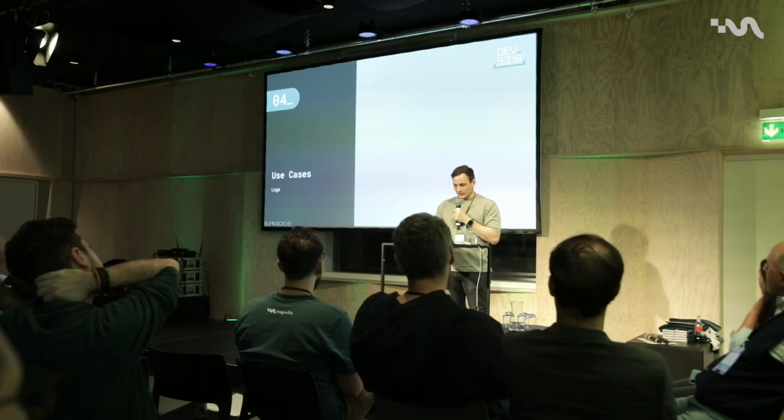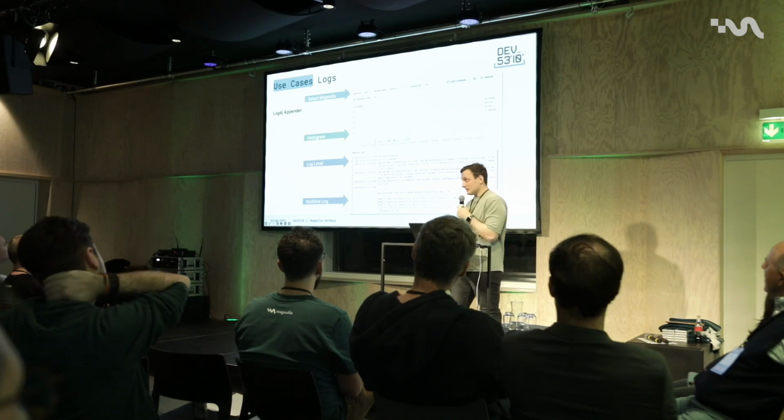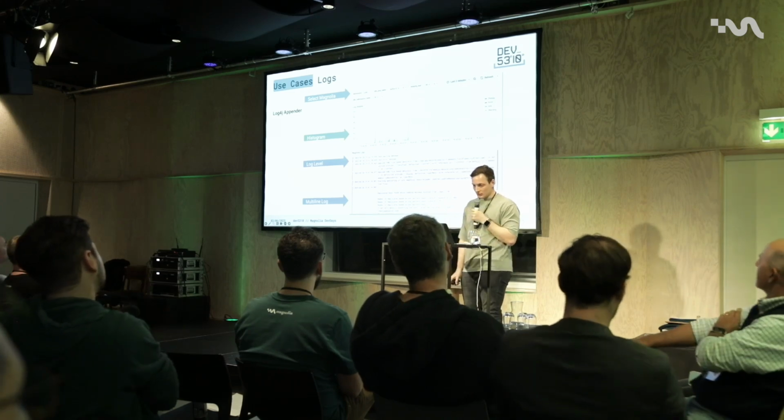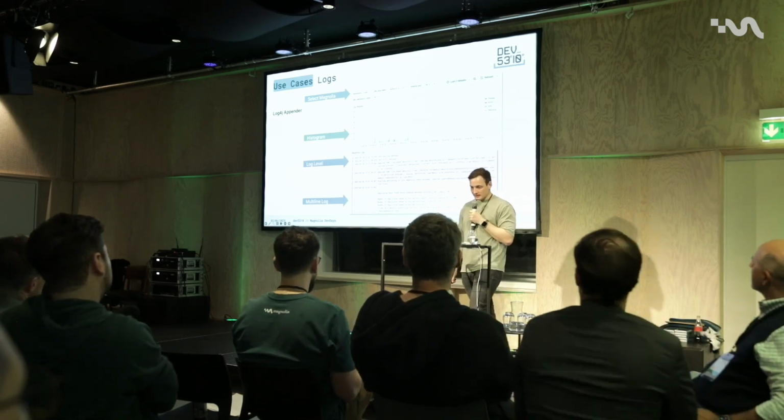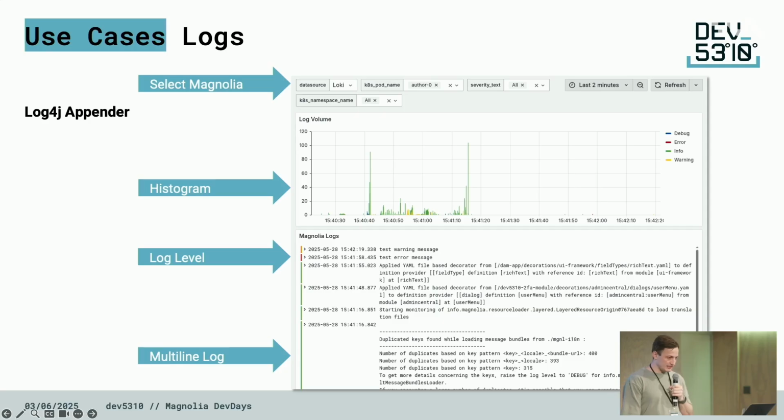But you don't want to replace these in your code. That's the reason why OTel has an appender for integration with these existing solutions. Most importantly, in our case for Magnolia, the log4j appender. It's not a simple line processor, but it injects the log event to get more structured information about the log.